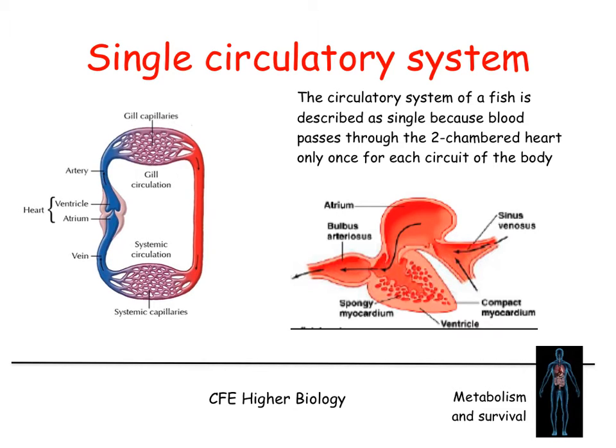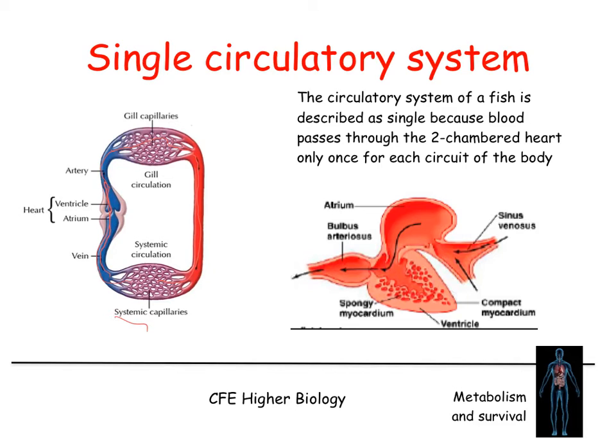So on this diagram you'll see the flow of blood coming through the heart here and then to the gills to pick up oxygen, and we'll talk about that in the next video. And then from the gills, when the oxygen is picked up, the blood travels to all the capillaries. This word here, systemic, just means it's capillaries throughout the fish body, and then it travels back through the heart, and that just happens once.